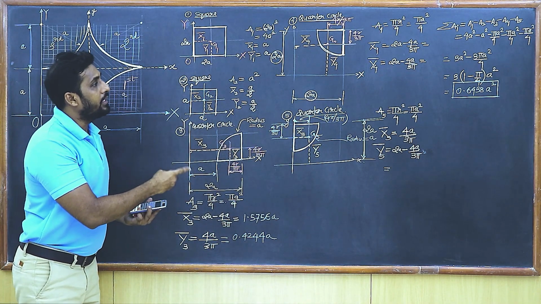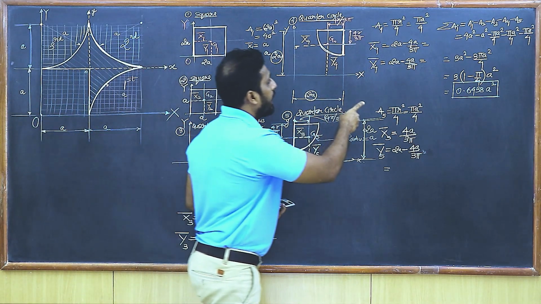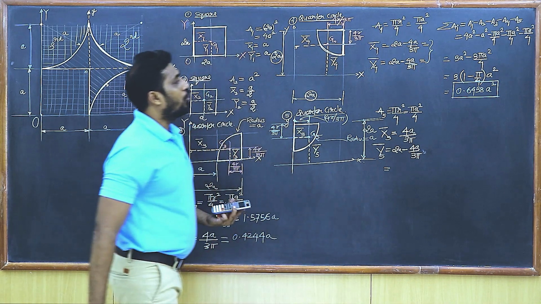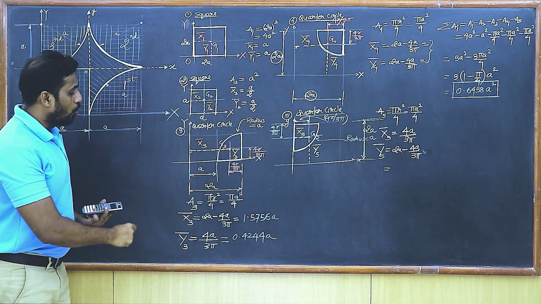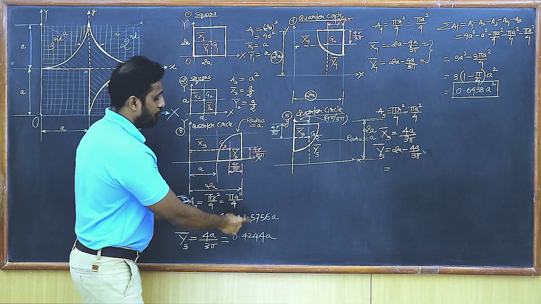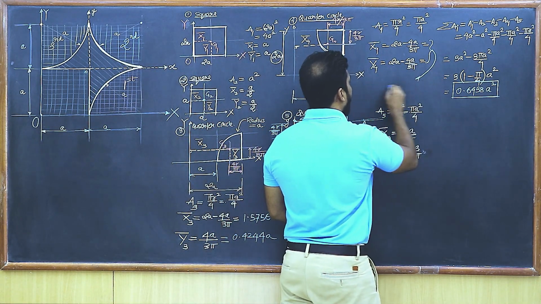So let's repeat these values for the other terms, x4 bar, y4 bar and so on. x4 bar and y4 bar, both the values are the same. Both of them are 2a minus 4a upon 3 pi, so both the values are going to become 1.5756a.